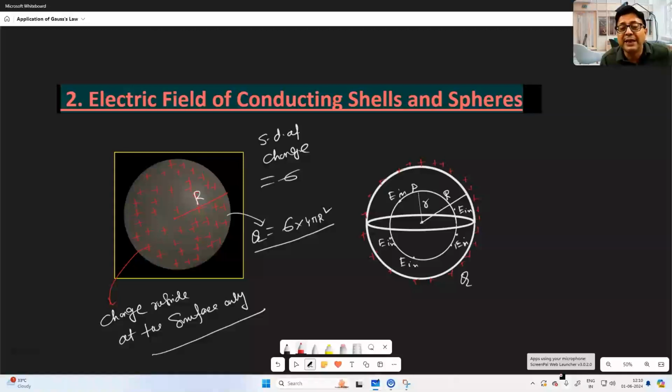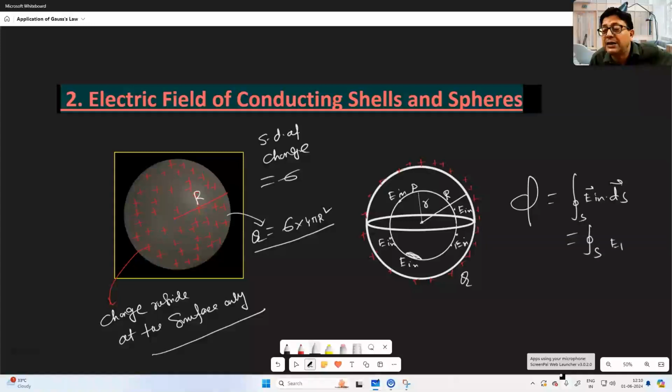So if the point P be inside, then phi will be equal to integral of E in dot ds. There is no problem in it because it is perpendicular to the surface of the sphere, so E in and ds have the same direction. Next step you can write it as E in ds. But phi is what? Phi in equals 0, because the Gaussian surface encloses no charge.